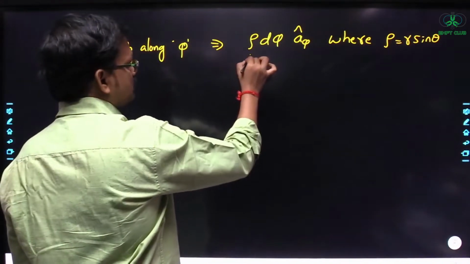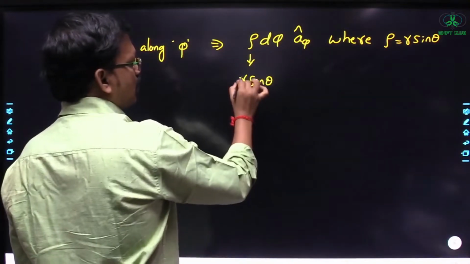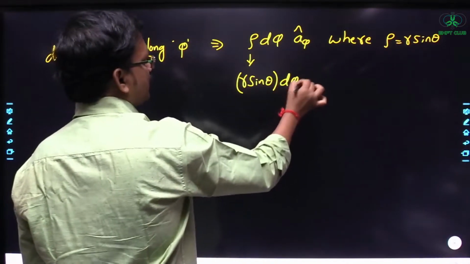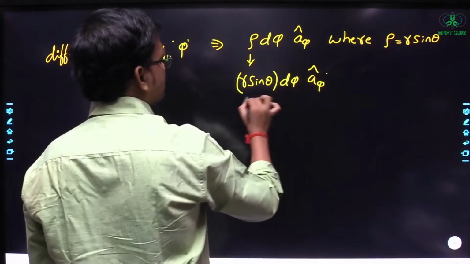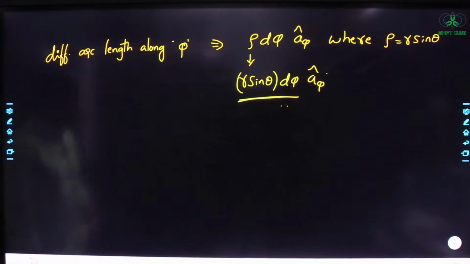So replace this rho with r into sin theta: r sin theta d phi a phi cap. So this is the differential arc length along phi in the spherical coordinate system.